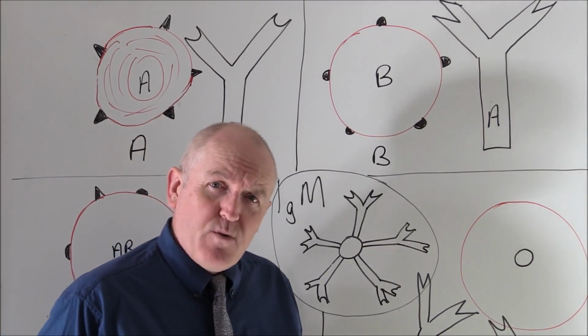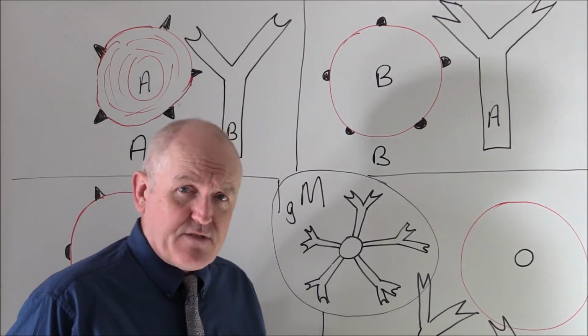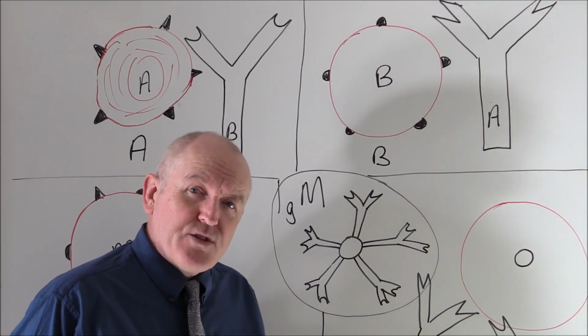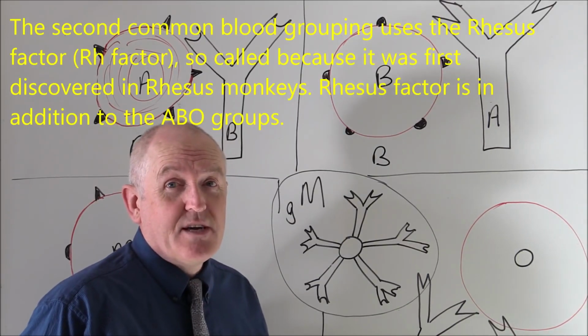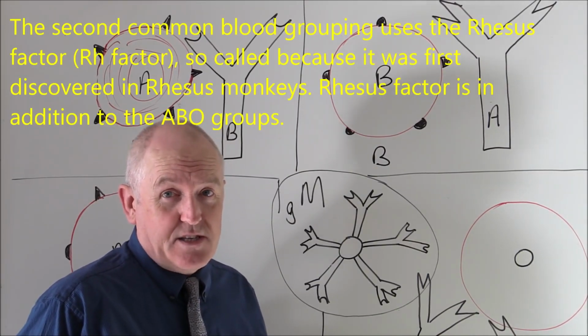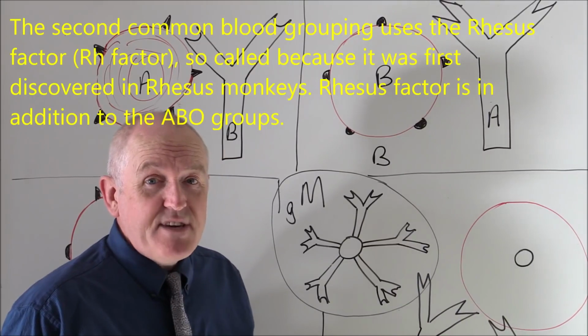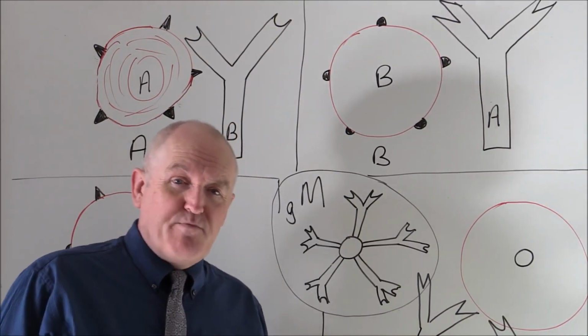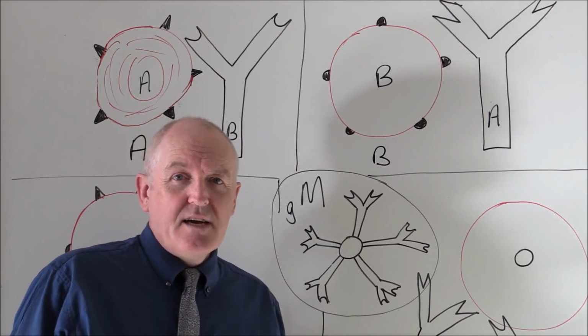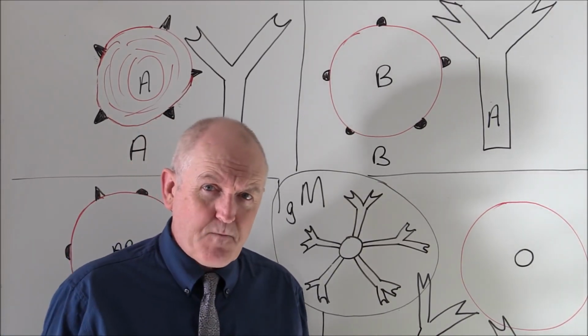Now, the next blood group I want to introduce you to is the Rhesus factor. Now, the Rhesus factor is so called because it was discovered using Rhesus monkeys. And the Rhesus factor is actually a complicated factor with many subgroupings like C, D, and E subgroupings.